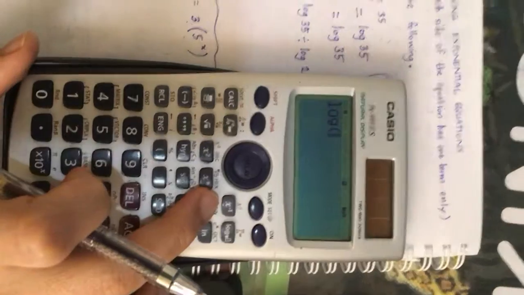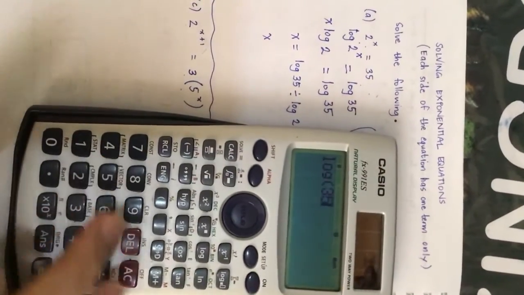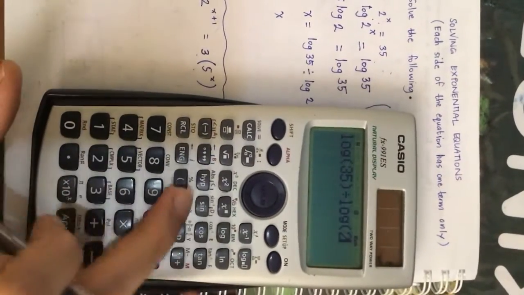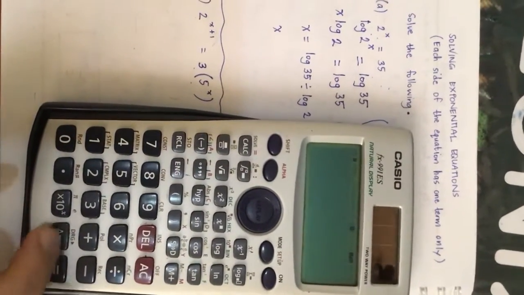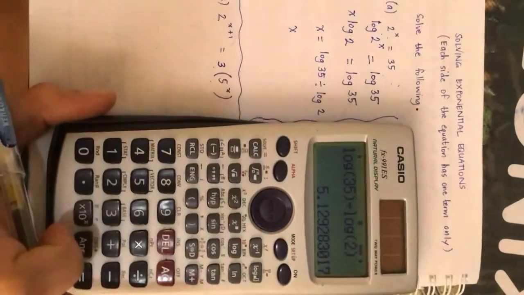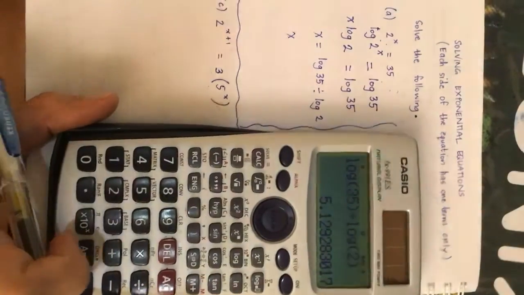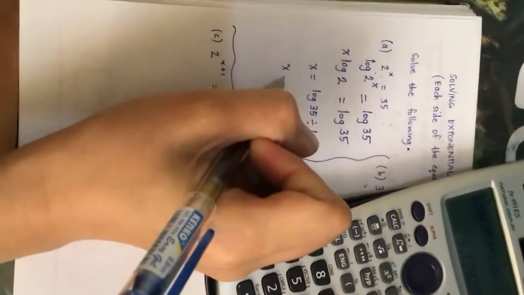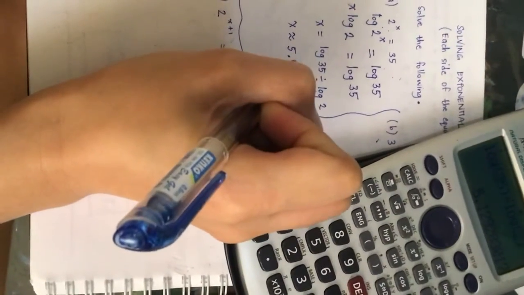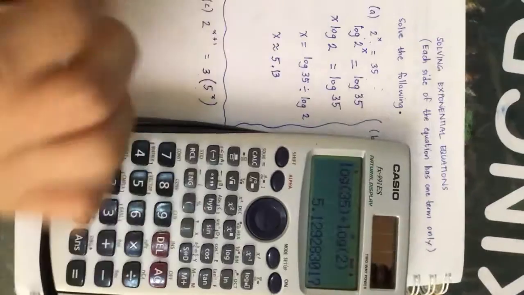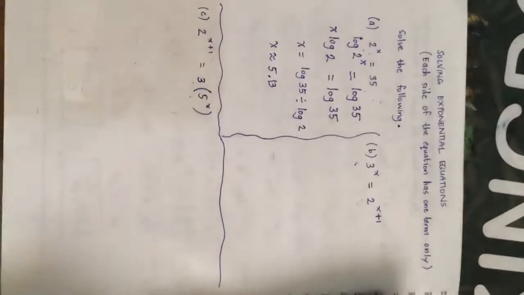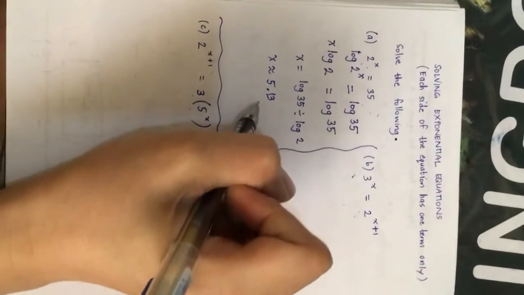So log 35 divided by log 2 will give us that. So we round it off to 3 significant figures. So approximately 5.13. So the value of x here is approximately 5.13. Checking this value of x. Okay. So this will be the answer for part A.